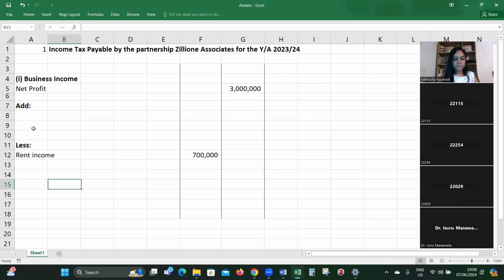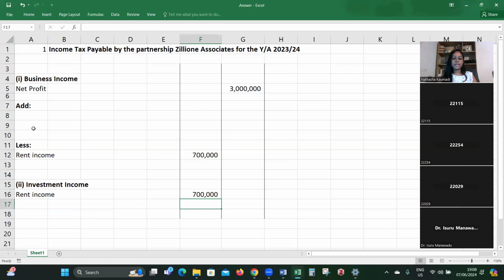And then I'll be writing investment income. That is my second source of income. Rent income, that is 700,000.